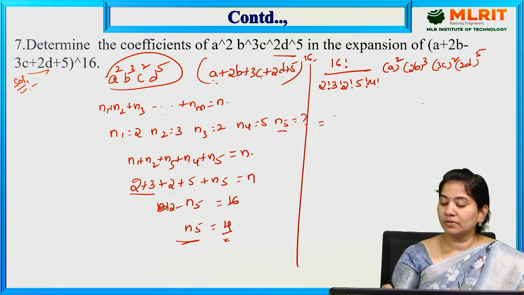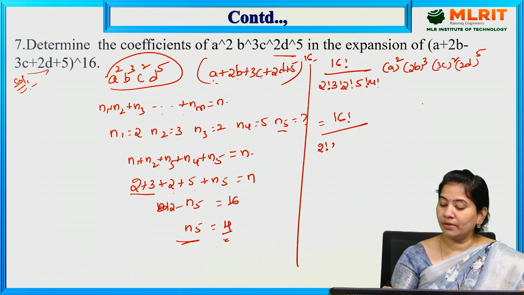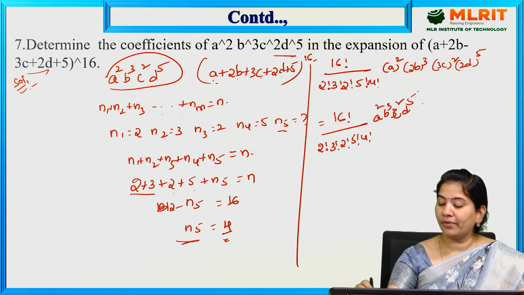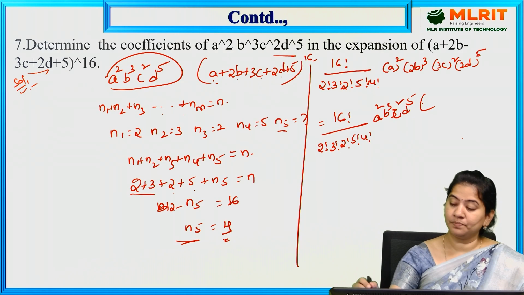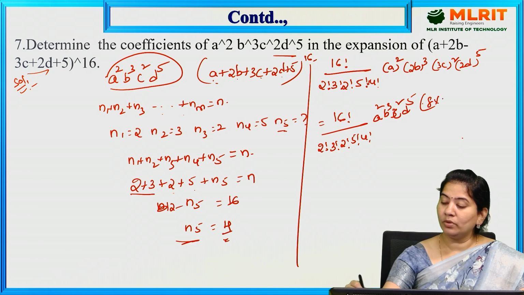So 16 factorial by 2 factorial into 3 factorial into 2 factorial into 5 factorial into 4 factorial, a square b cube, 3c square, c square d power 5, and here you will get 2 into 8 into 9 into 32.